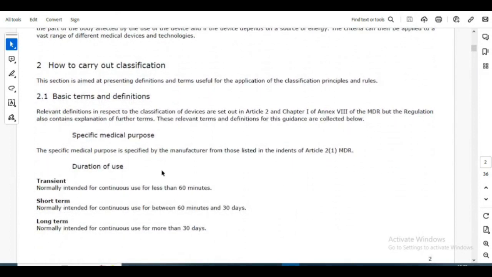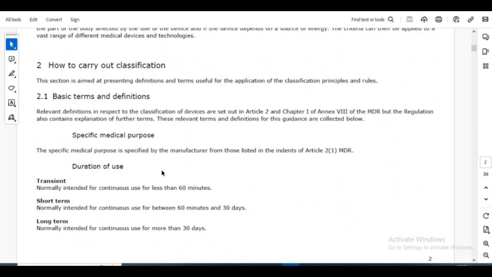A specific medical purpose is specified by the manufacturer for those listed in the indents of Article 2.1 MDR. It's Article 2, Section 1, or you can say point 1. In Article 2.1, there are some specific medical purposes that a medical device has, and the intended purpose of the medical device is defined, but there is some purpose specific to that medical device only.